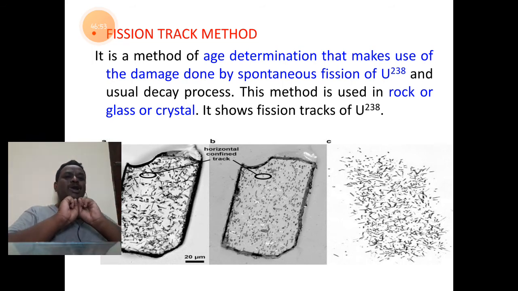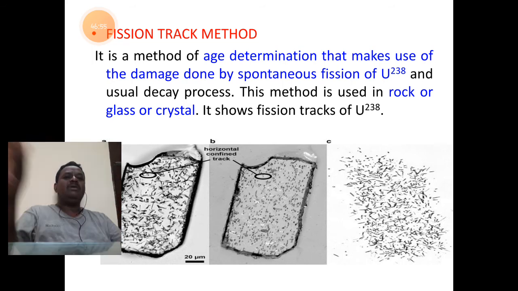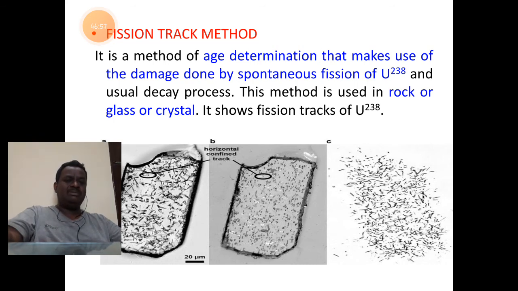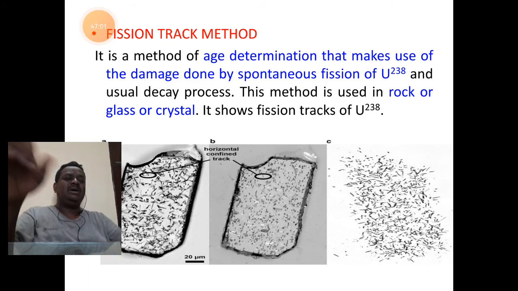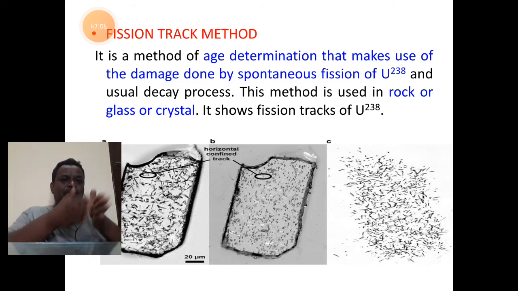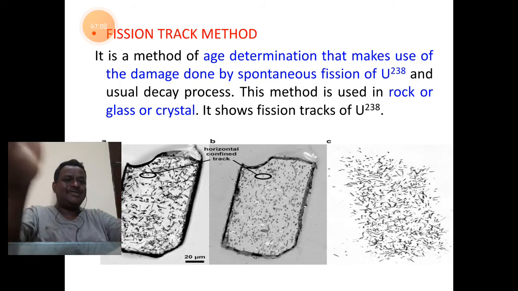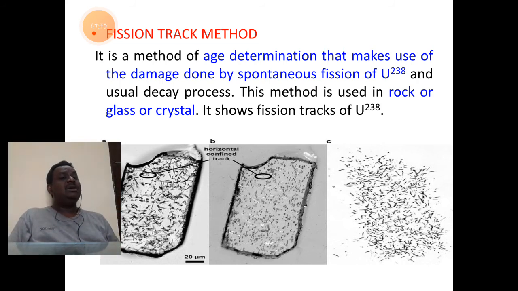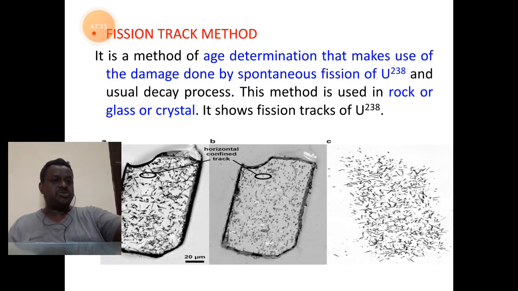Then these molecules again break down to form other daughter elements, and they again break down to form another daughter molecule. So it's a continuous process, and it forms a track. This tracking process is used to study the age of the rock, and this is called the fission track method.